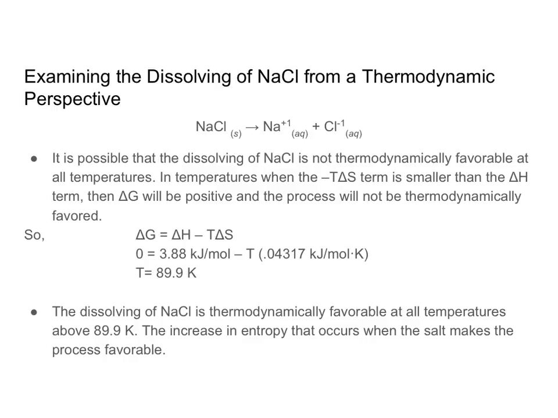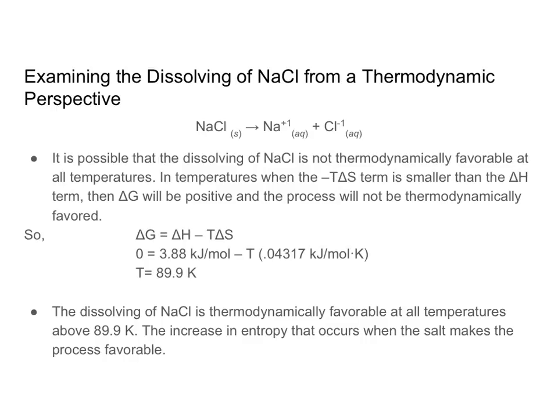So I calculated the temperature at which that occurs, and it is 89.9 Kelvin. This is the threshold at which it is thermodynamically favored to dissolve salt in terms of temperature.